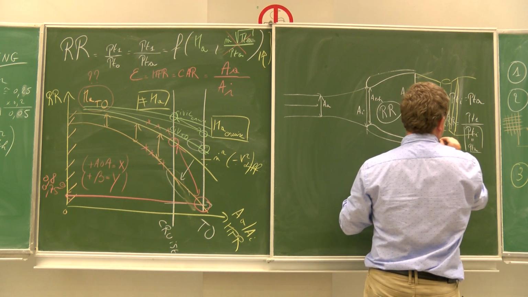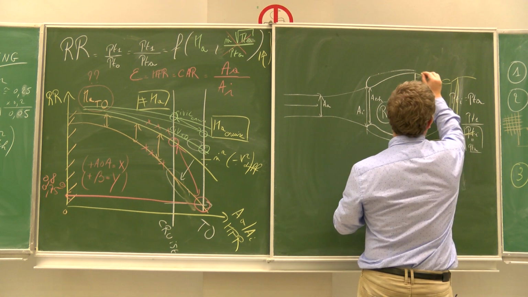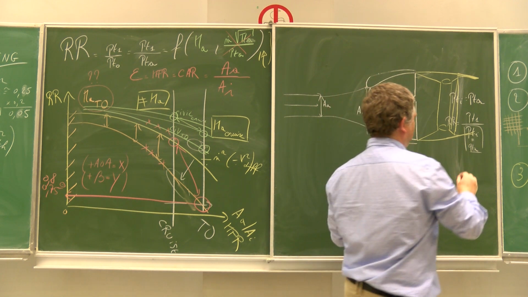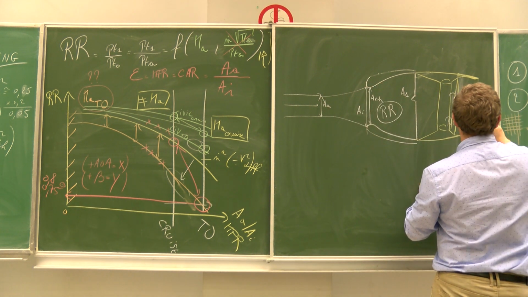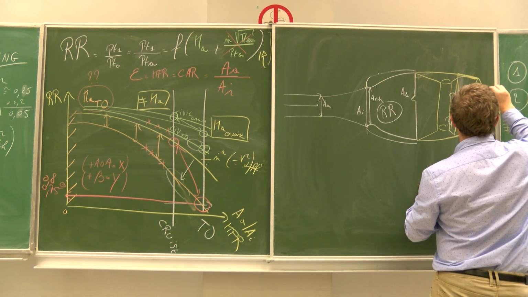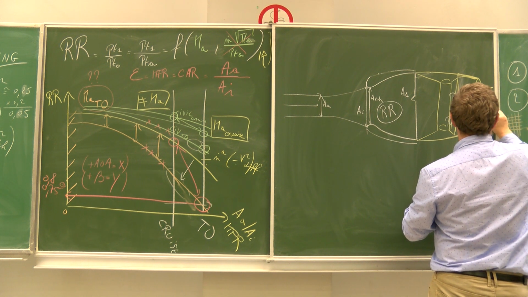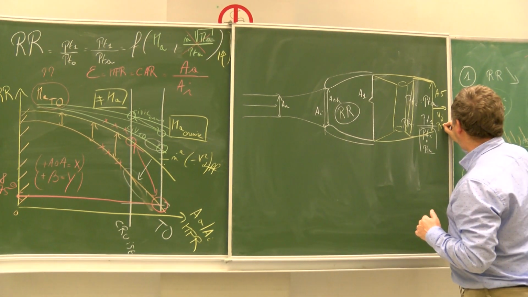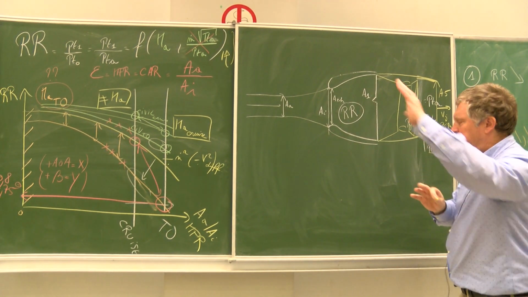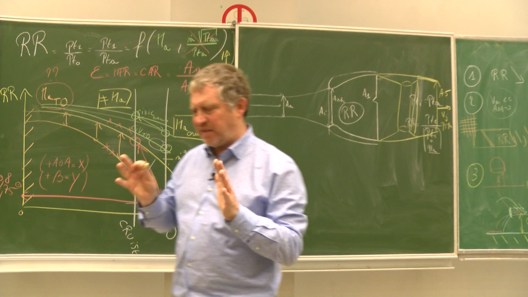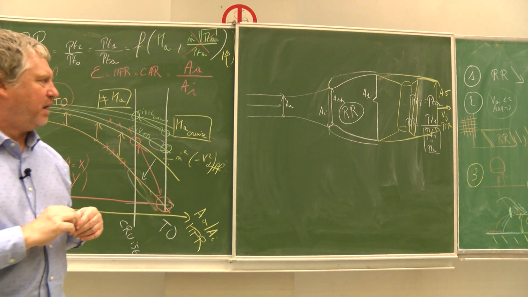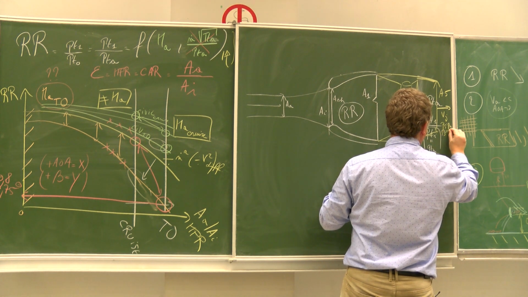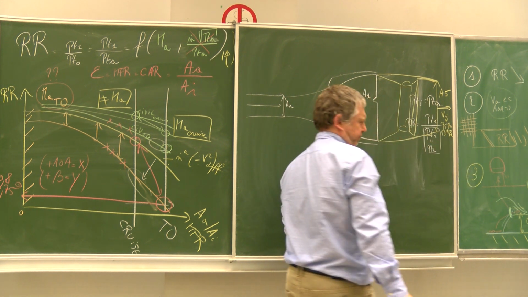I have the external wall continuing here up to the exhaust nozzle, and here I have my section A5 and my jet velocity V jet, and normally here P5 is equal to PA in the best case, or not equal to PA in some other circumstances.